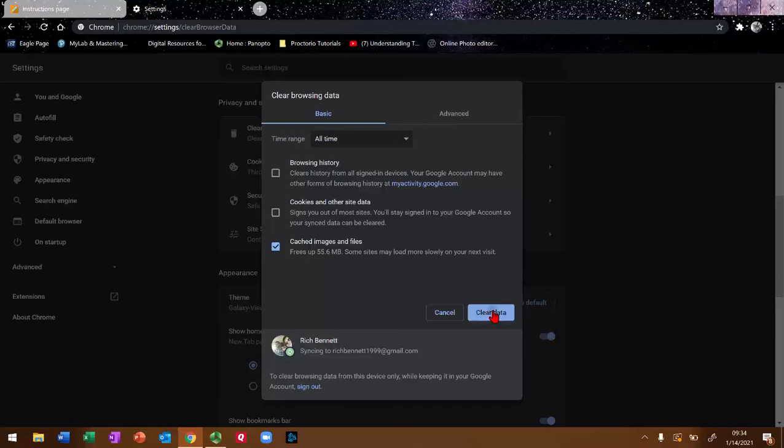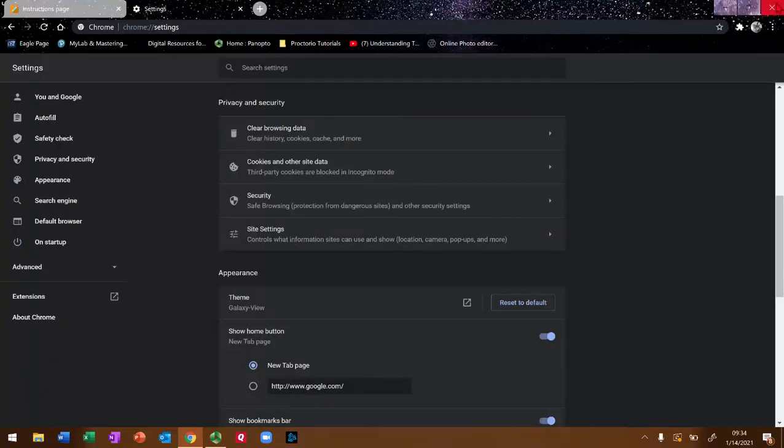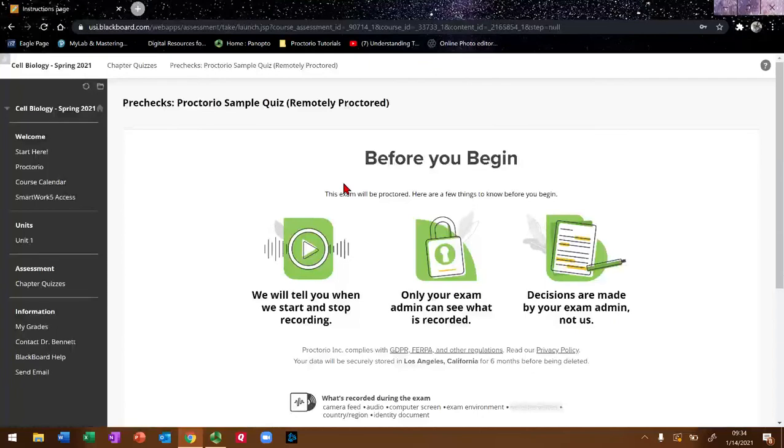And you're just going to hit Clear Data, and then at this point you would close Google Chrome and restart your computer. Okay, and for 99% of people, this is sufficient to fix the password brick wall.